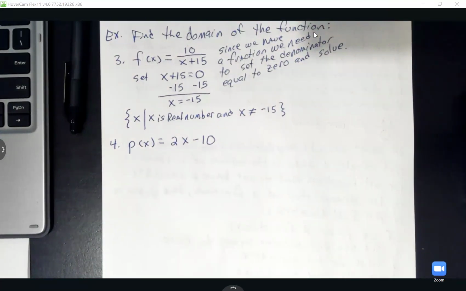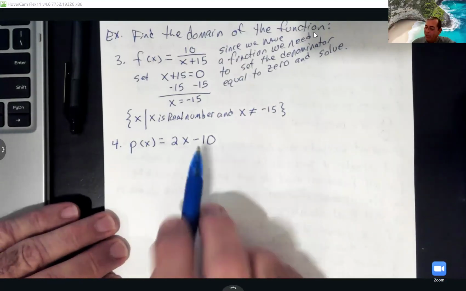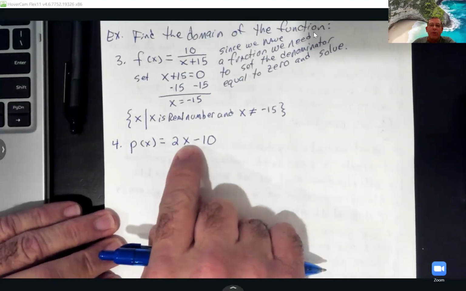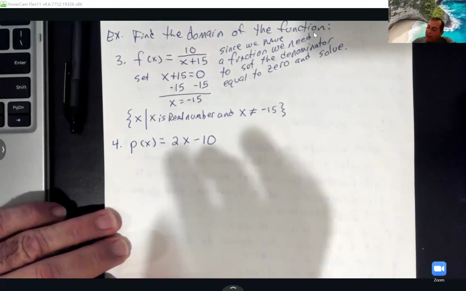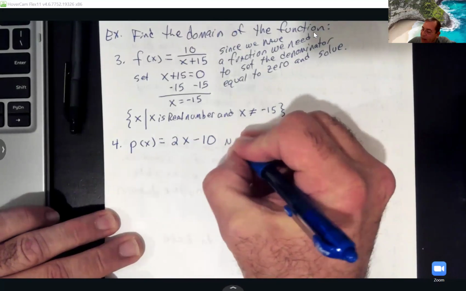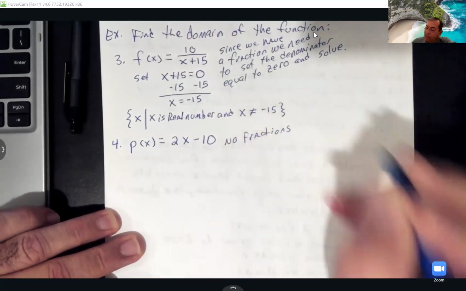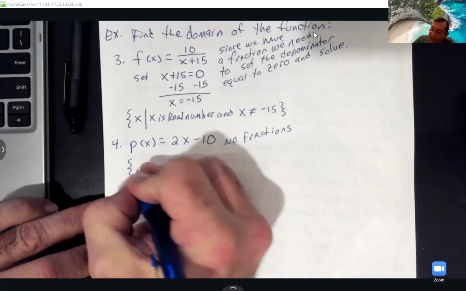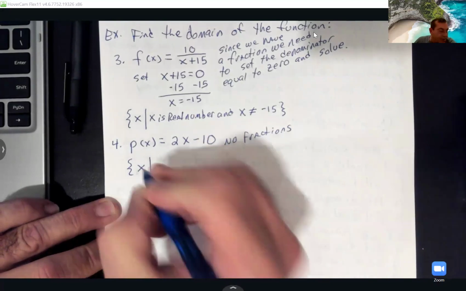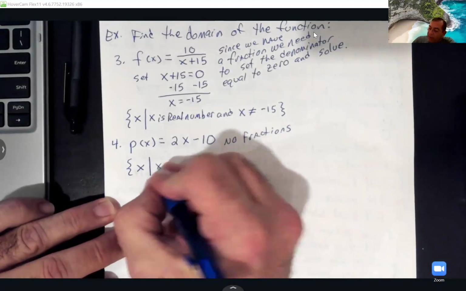All real numbers. Perfect. There's not a fraction here to worry about, y'all. So it don't matter what number you put in for that x, you can multiply by 2 and subtract 10. So since there's no fractions here, this is definitely, now the way they say it, x such that x is a real number.